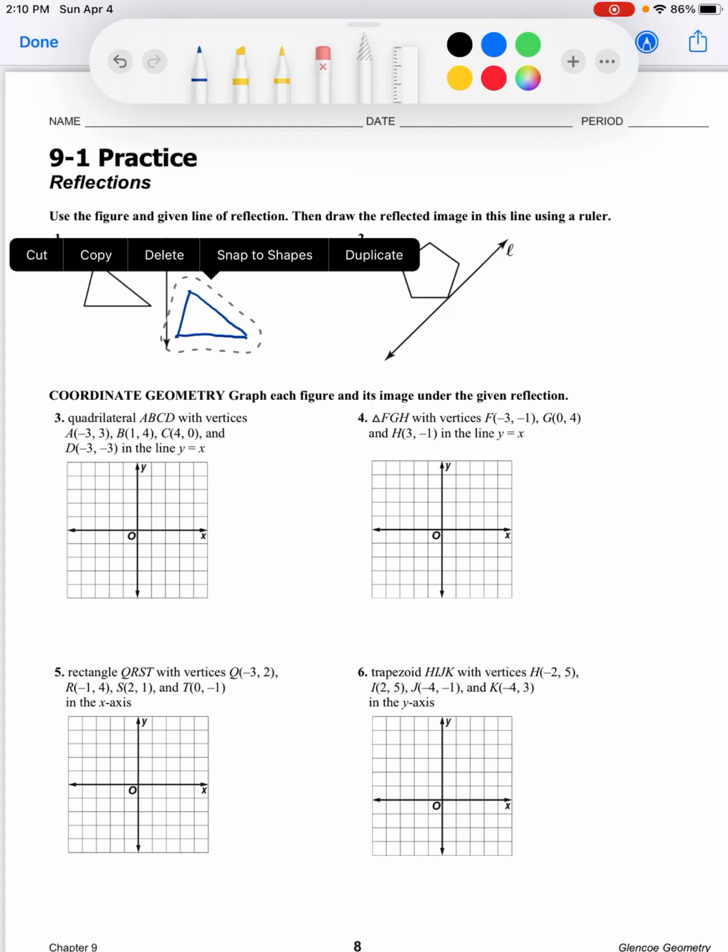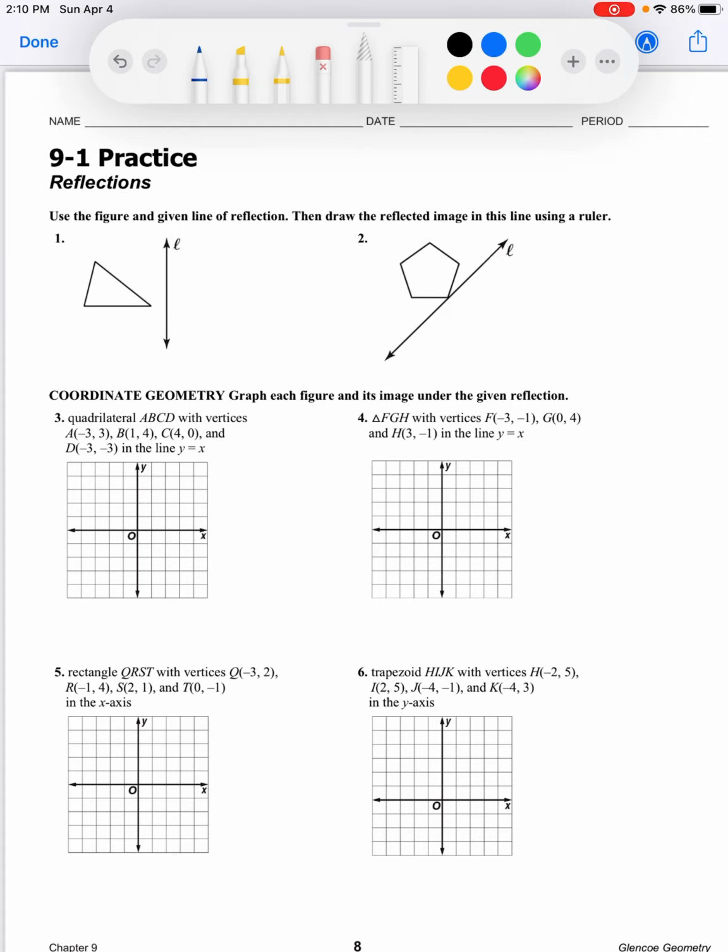What we could also do is flip it, or reflect it, in which it would look kind of like this. The same thing, just a mirror image. We could rotate it, which would mean we have a point that we rotate around, and this triangle would just turn like a clock, and it might look something like that. And then we can also dilate the shape, which makes it bigger or smaller.